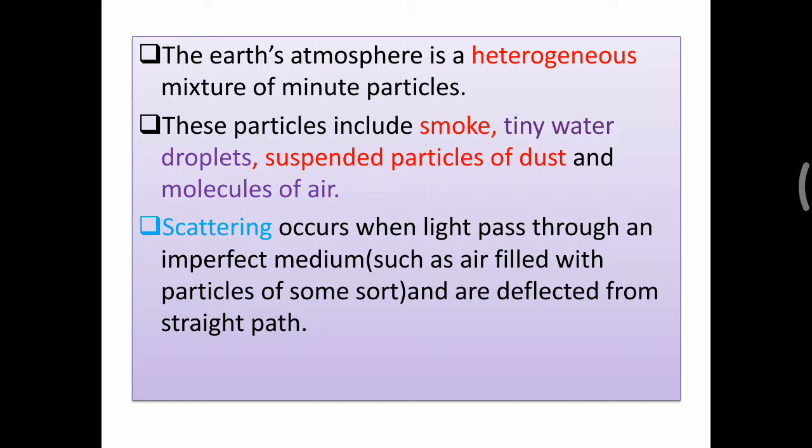Because it consists of several types of particles like smoke, tiny water droplets, dust, and molecules of air. So the light passes through this imperfect medium, it is deflected from its straight path. So that effect is called scattering.